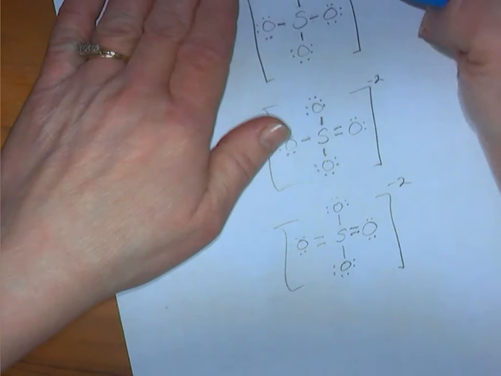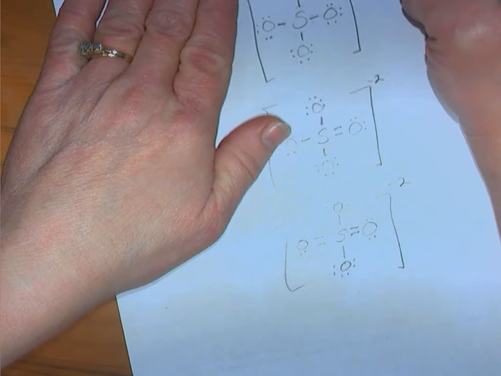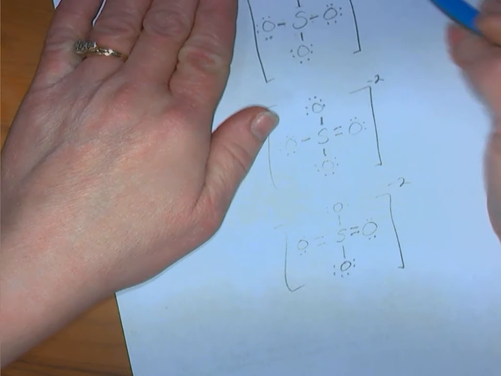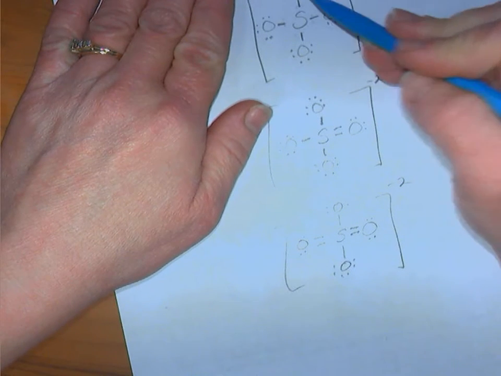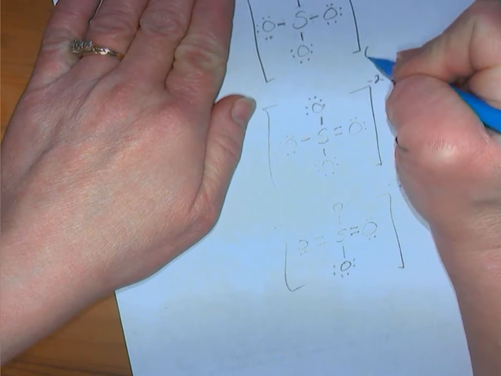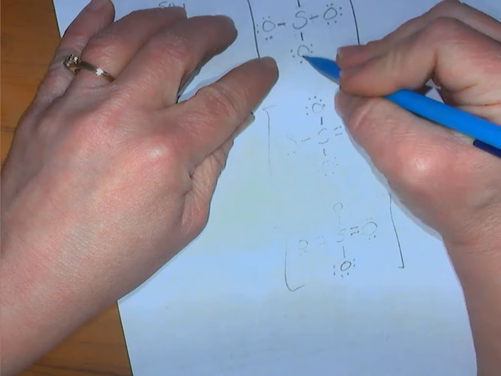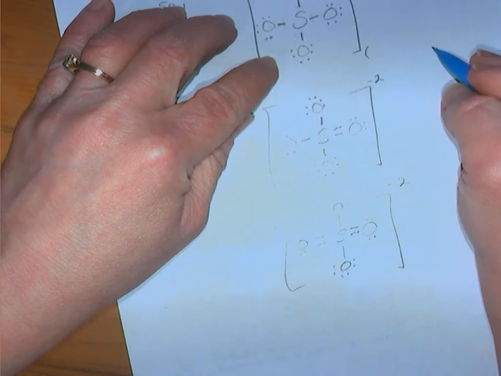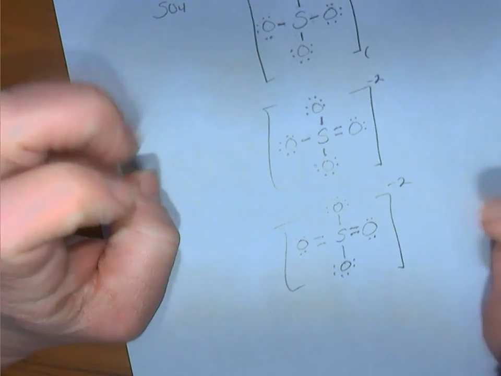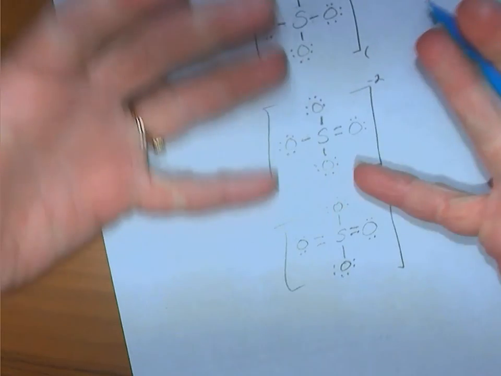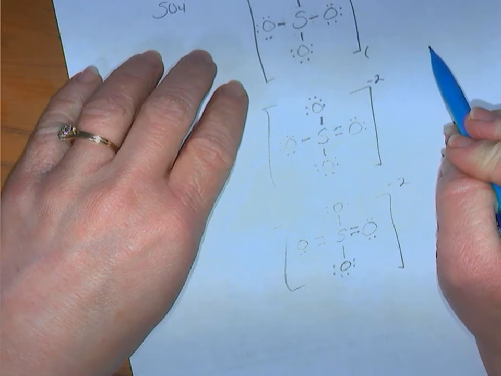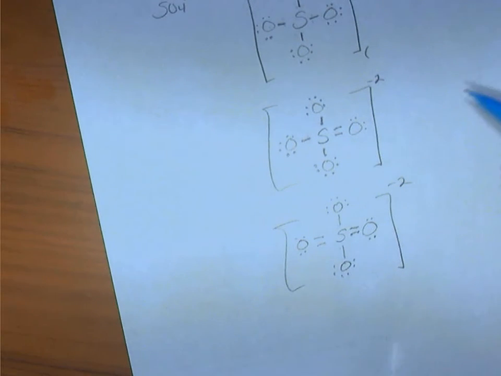Well, that's where formal charge comes in. We do a quick little calculation for each element within our structure. So we'll have a set, in this case of 1, 2, 3, 4, 5 values. The structure that is preferred, the structure that we're probably going to find in nature, has the set of formal charge values closest to 0.